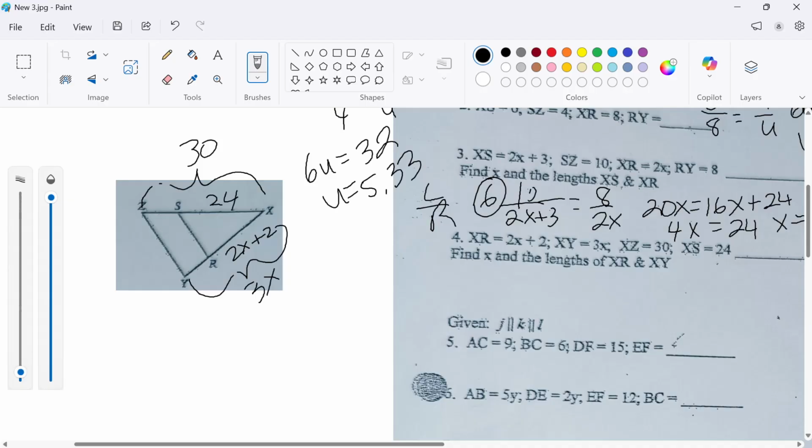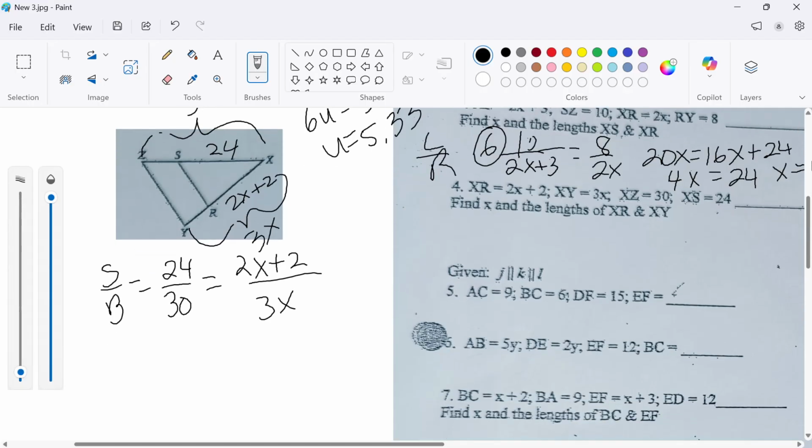So I'll do small to big. 24 to 30 equals 2x plus 2, the whole thing is 3x. Let me double check that. XY is 3x, yes.